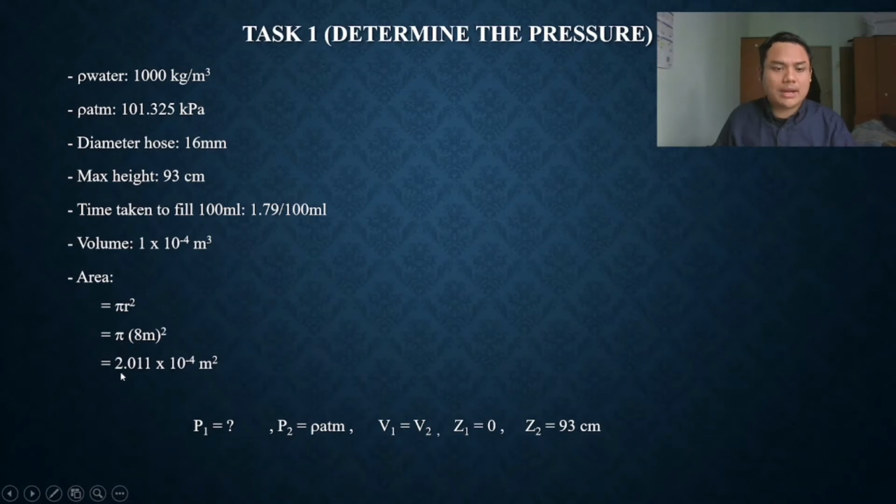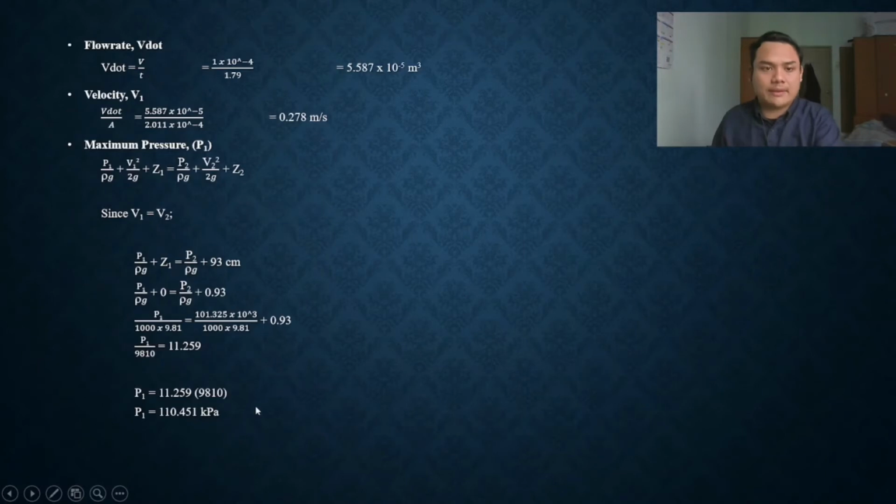Okay, so we got a 2.011 times 10 power of negative 4. Next is how we use the equation. First of all, we use the flow rate, and the flow rate is a volume divided by time. So we got our flow rate is 5.587 times 10 power of negative 5.